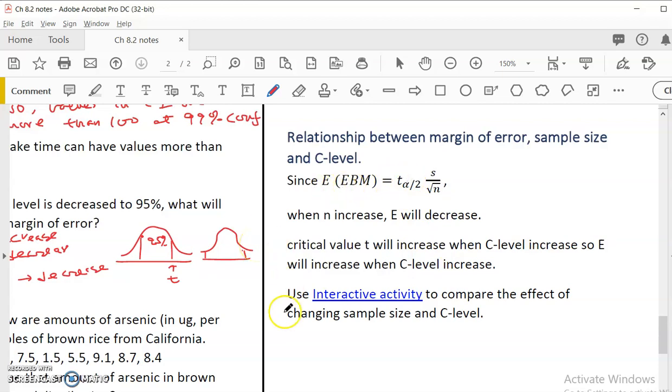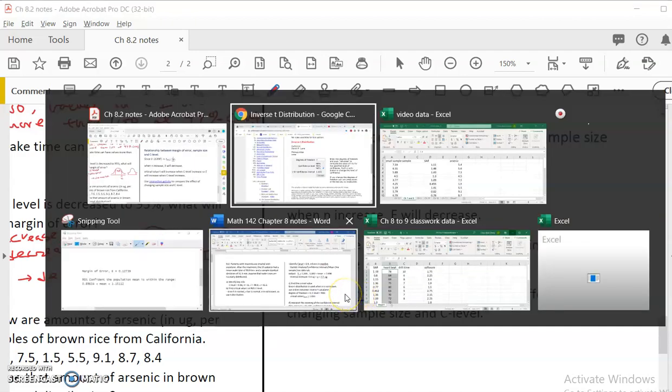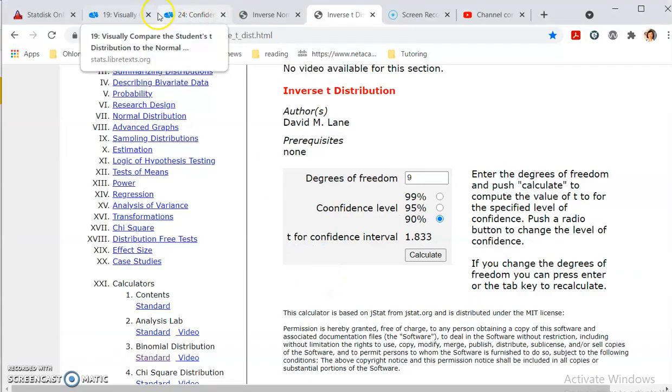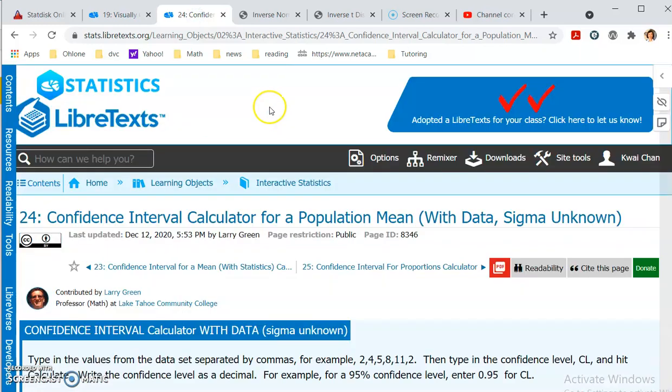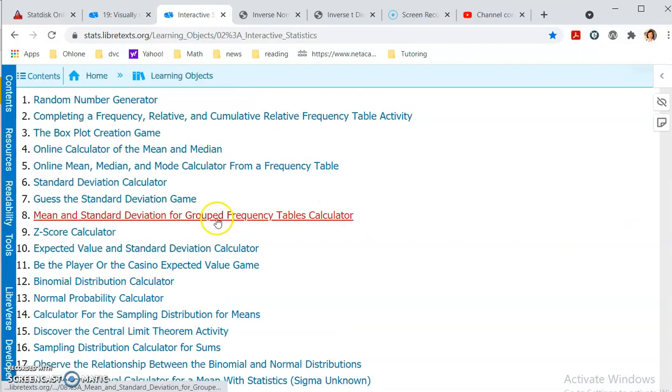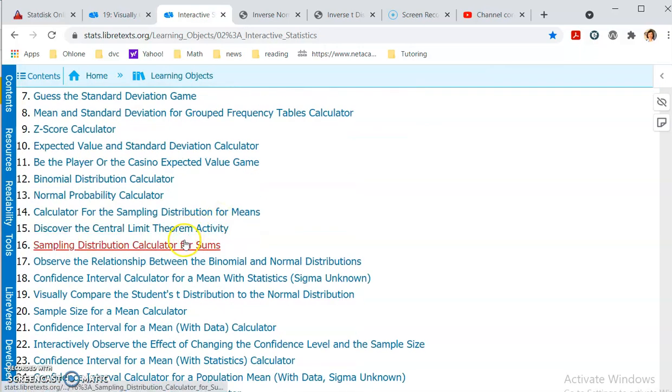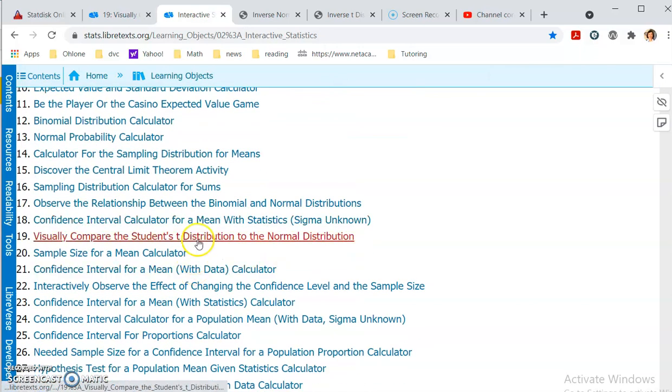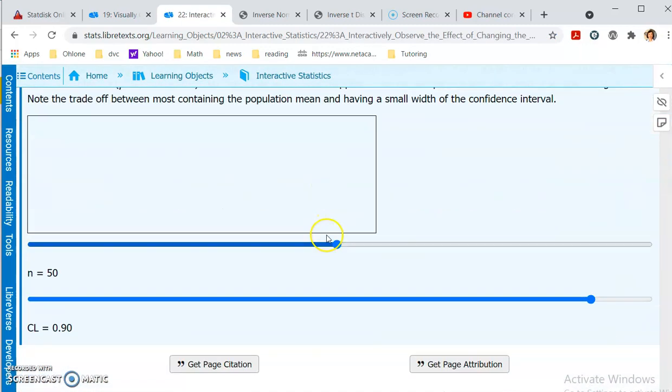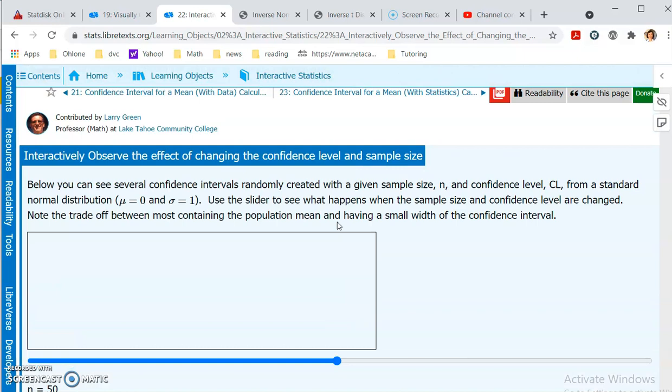So there is an interactive activity that is available in LibreTexts. Do I have it? Maybe I'll just look at this one. I think I don't have it anymore. So there is an activity where you can visually compare the effect of changing the confidence level and the sample size. Yeah, this one. So maybe we'll do it in class also.